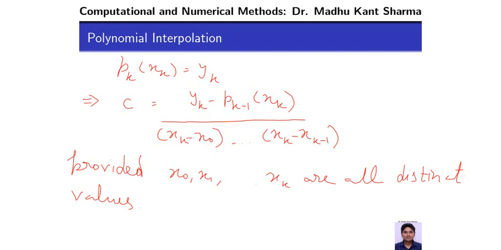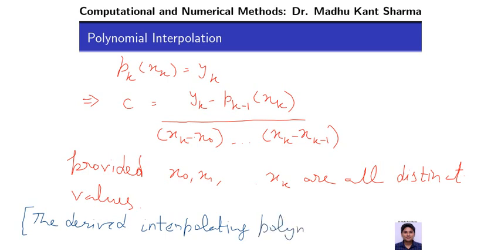So I wish to write here, the derived interpolating polynomials are called Newton interpolating polynomials.